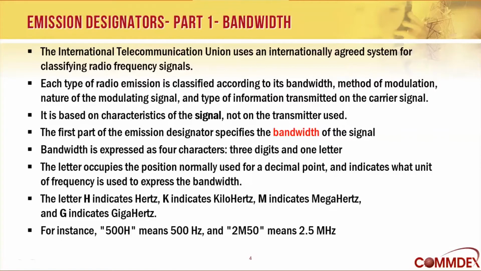So for instance, if you see an emission designator that starts with 500H, that means it's a 500 hertz signal, which is pretty low for a radio frequency signal, but nonetheless, more commonly we might see something like 2M50, the M meaning megahertz, so we interpret that as being 2.5 megahertz. Is everybody familiar with these?